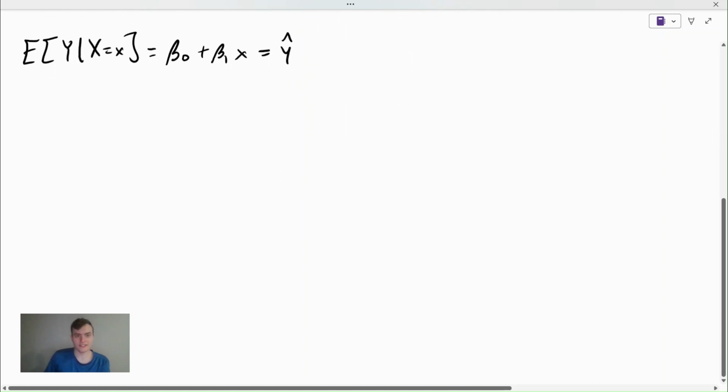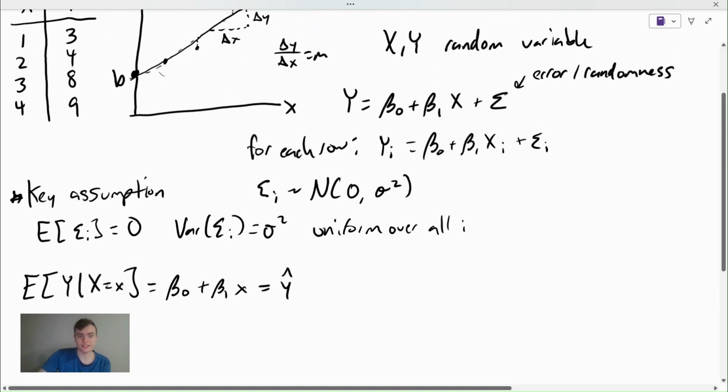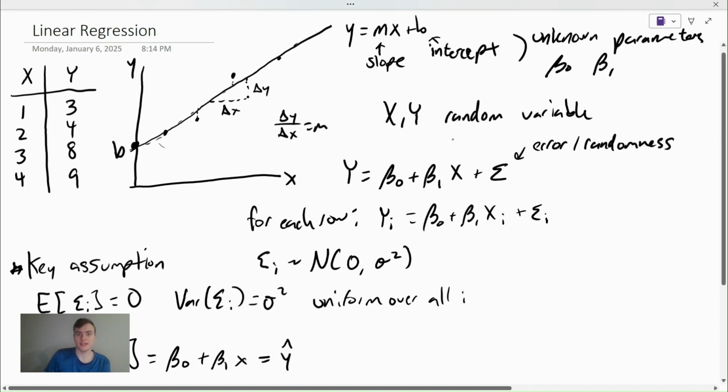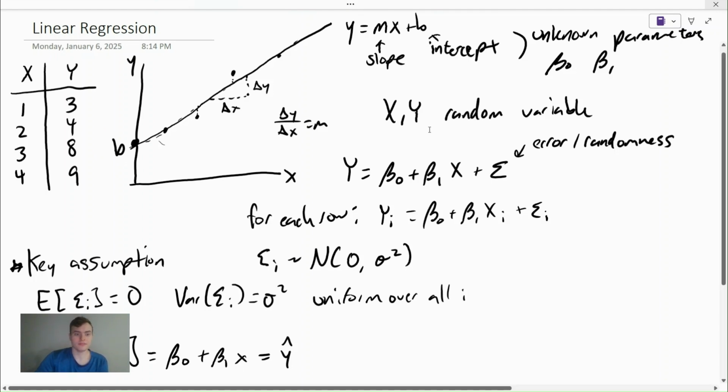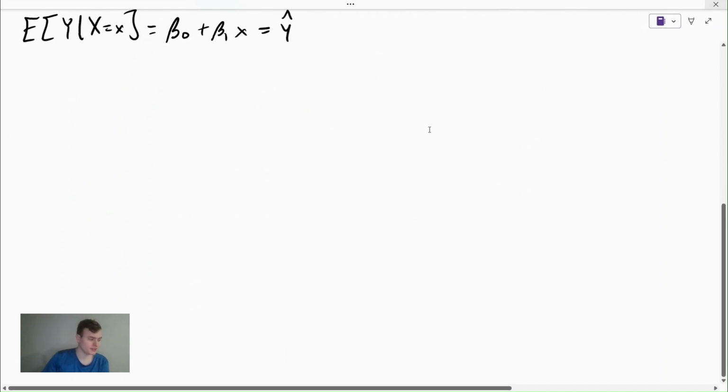And then we're asking, well, in order to do that, we need to decide what beta 0, beta 1 were. Here, I showed you an example where it's intuitive what they are, but in the general case, we want to show mathematically that this line is the best fit, right? So we're going to choose beta 0, beta 1 by minimizing a loss function.